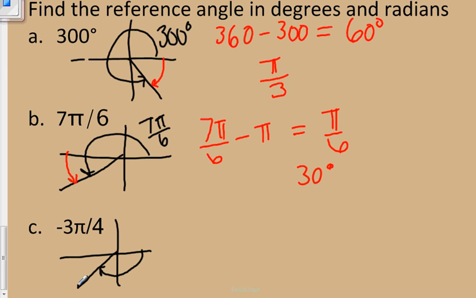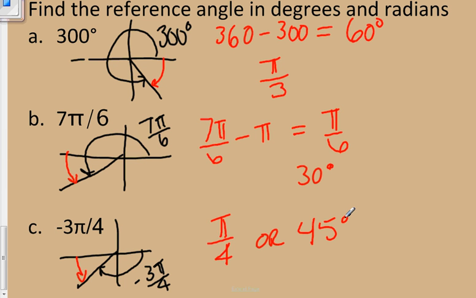And so if this is negative 3 pi over 4, can you guess what this is going to be? You're right. It's going to be pi over 4, or 45 degrees.